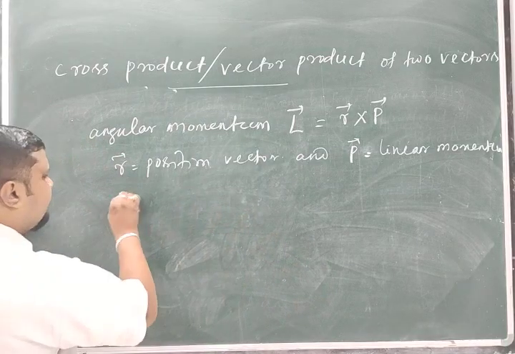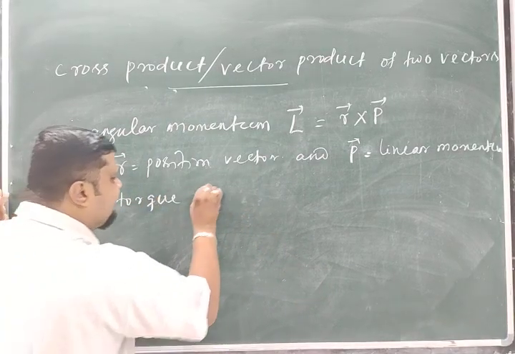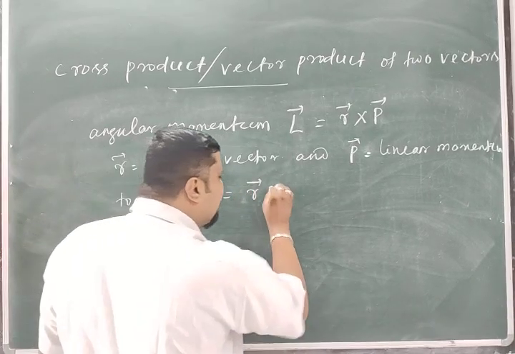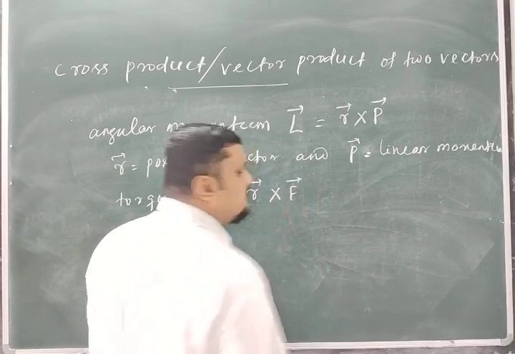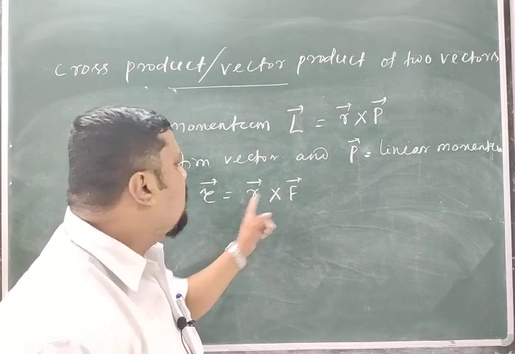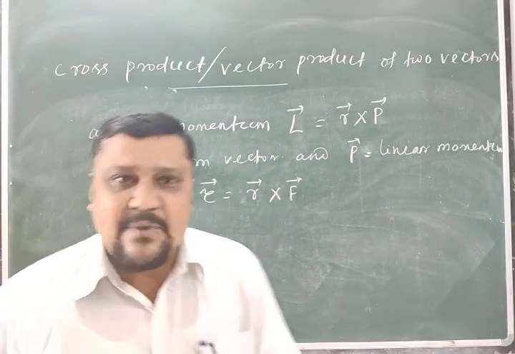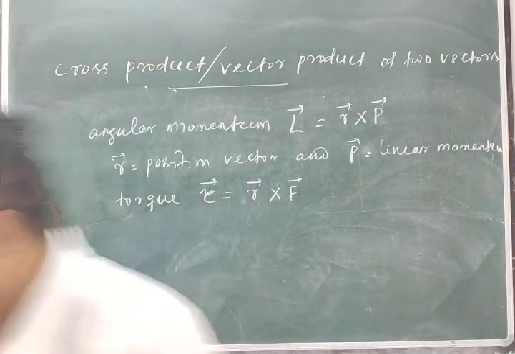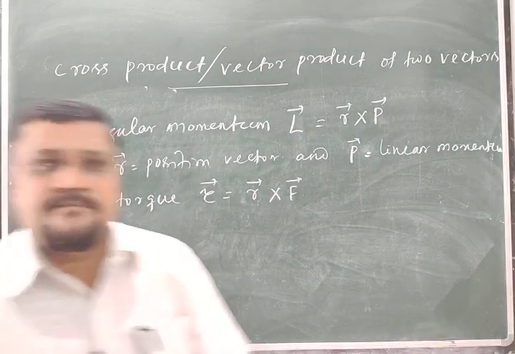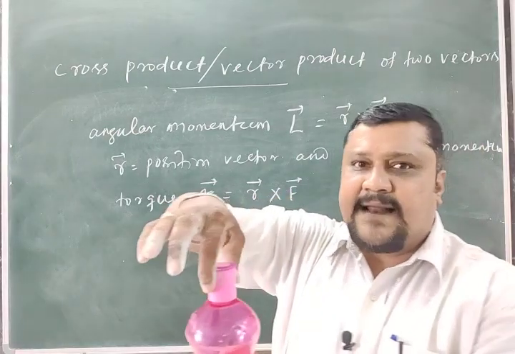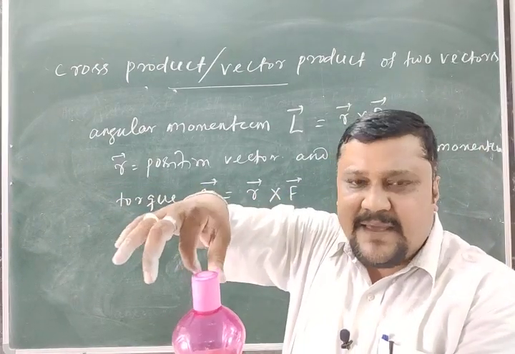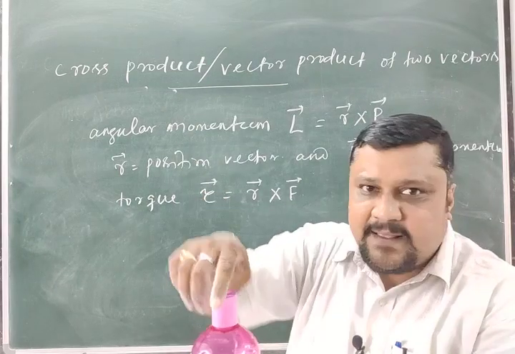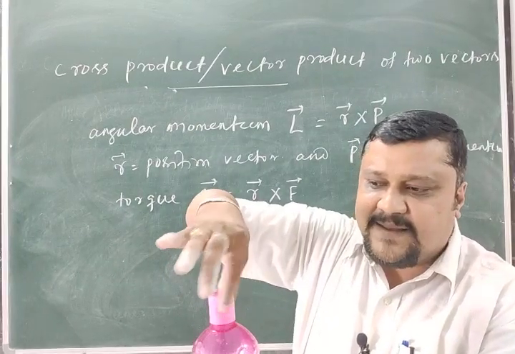Similarly, torque is a vector tau. The torque comes from position vector cross force. The simple example is when you open the cap. Here you see there are two vectors, A and B, applied in this plane.